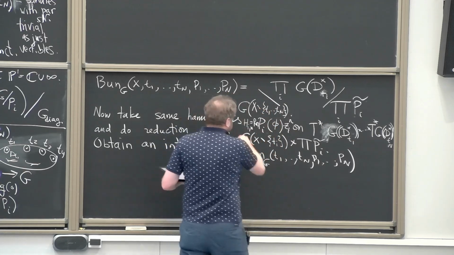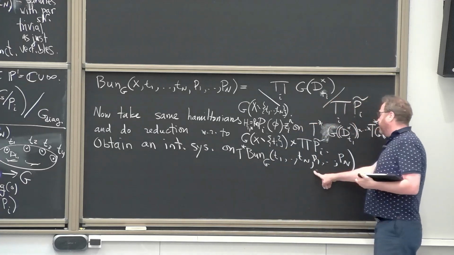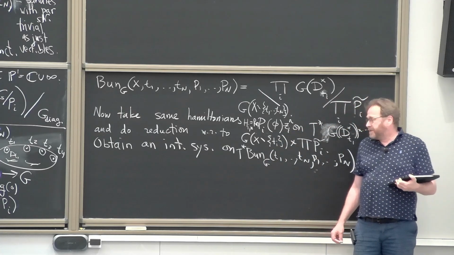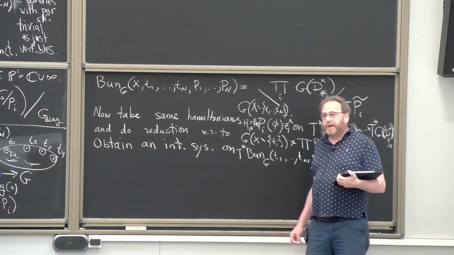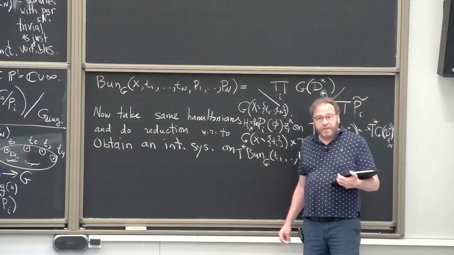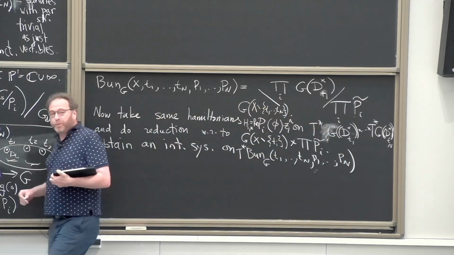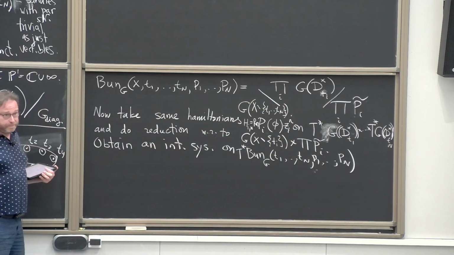So there are infinitely many Hamiltonians here. They descend to here and become linearly dependent. But still, the remaining ones, which are independent, come in the right number and form an integrable system. I'm not going to prove it, but we will compute what happens in the example of GL2.